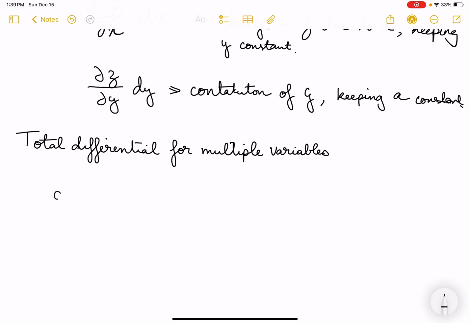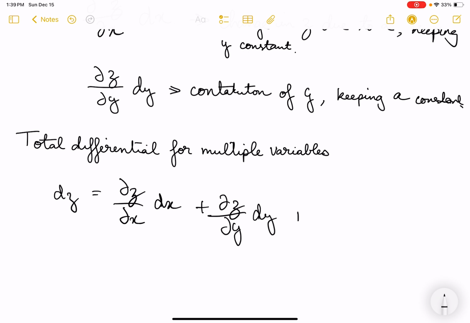So we would have dz is equal to partial z over partial x dx plus partial z over partial y dy plus partial z over partial u du.